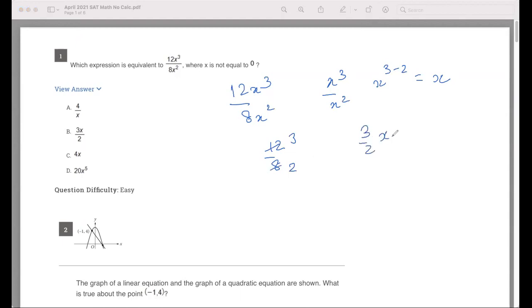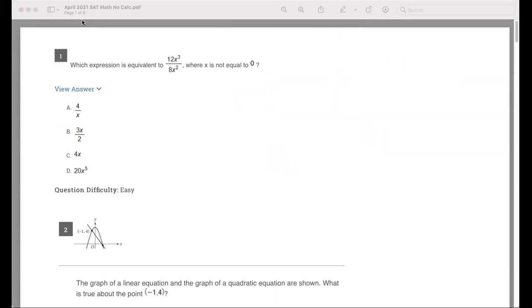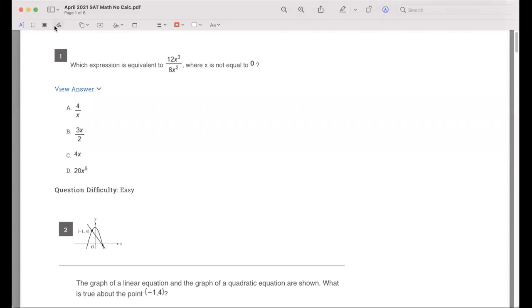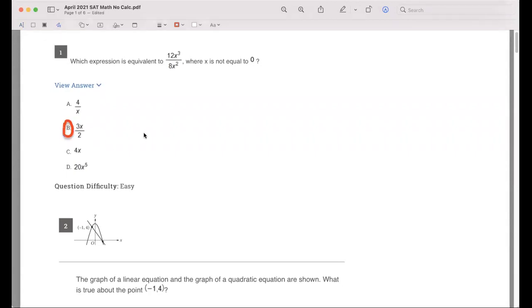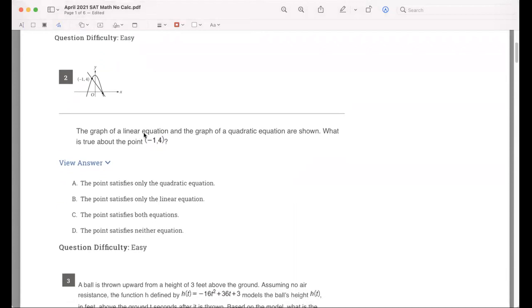So this expression can be simplified to 3 by 2x, which is option B. So let's mark B and move on. So B is the answer for this. Let's go to the next one.